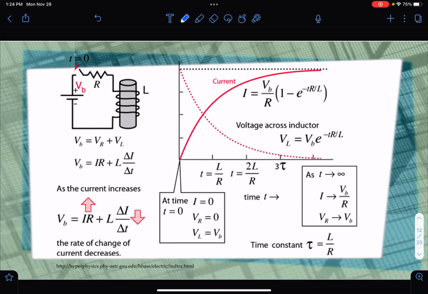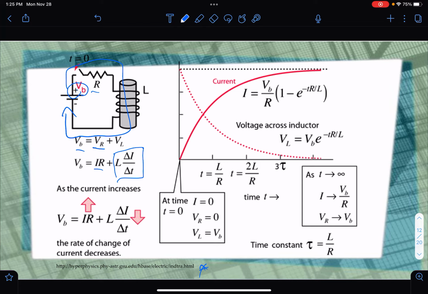So this is from Hyperphysics, the link is down here. Again, I love these as little summaries. We're getting these equations the same way as we did before, but we're looking at Kirchhoff's loop rule. We have our total voltage, our voltage over the resistance, which is IR, and then our voltage over the inductance, which is the equation we used in week 14, where it's L times the change in I over the change in time.